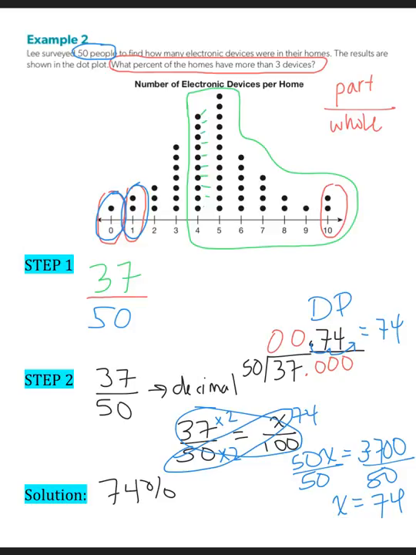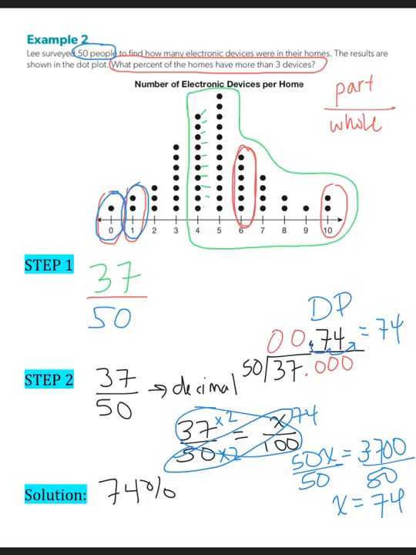Now, most of the problems that you do involving dot plots, again, are going to be making part-to-whole comparisons, part-to-part comparisons, or sometimes they just want to know if you can read the dot plot. So if I asked you, how many more homes have 6 devices than the number of homes that have 2 devices, we would be looking at the number of homes that have 6 devices, right?